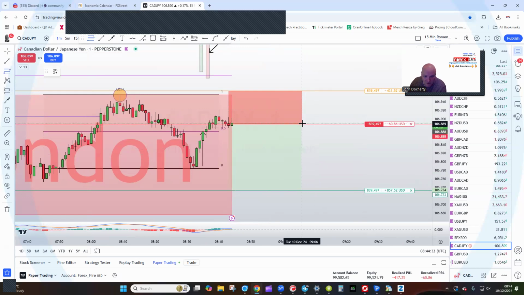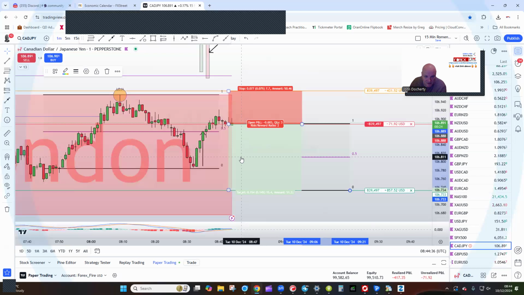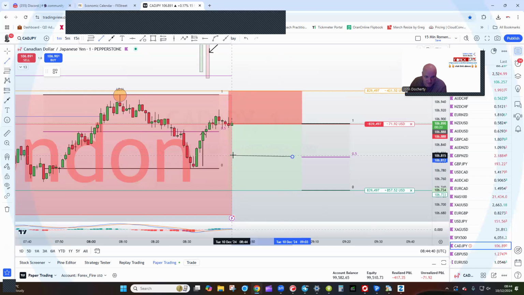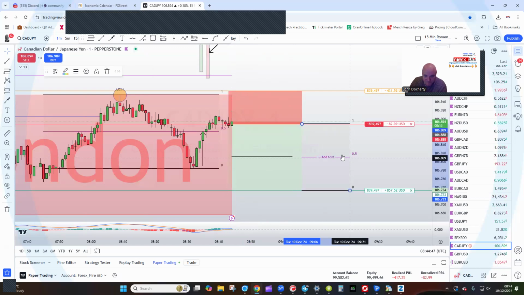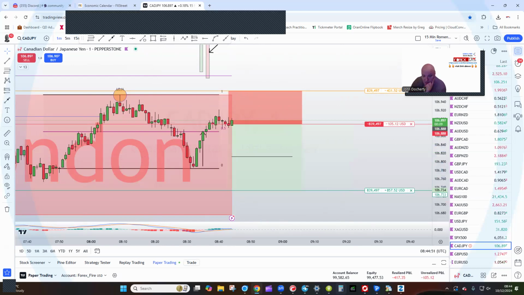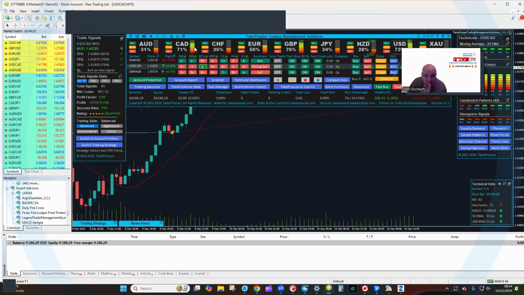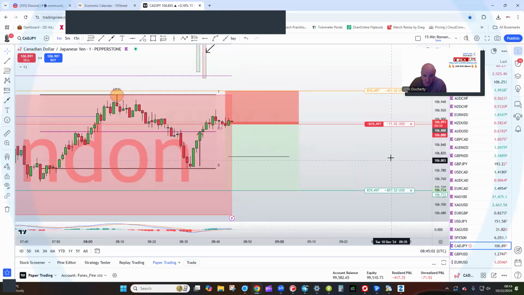I'm going to go from here down to here and up there would be a take partial area if we do get down there. I still believe price is going to want to push to the buy side, to be fair. The GBP, the cad's super strong compared to the JPY, to be fair. But we'll watch for this, guys.